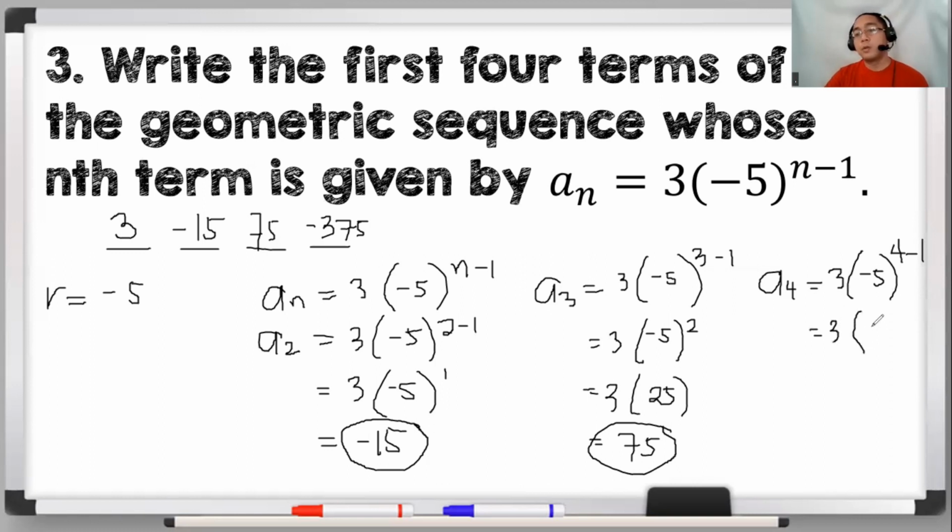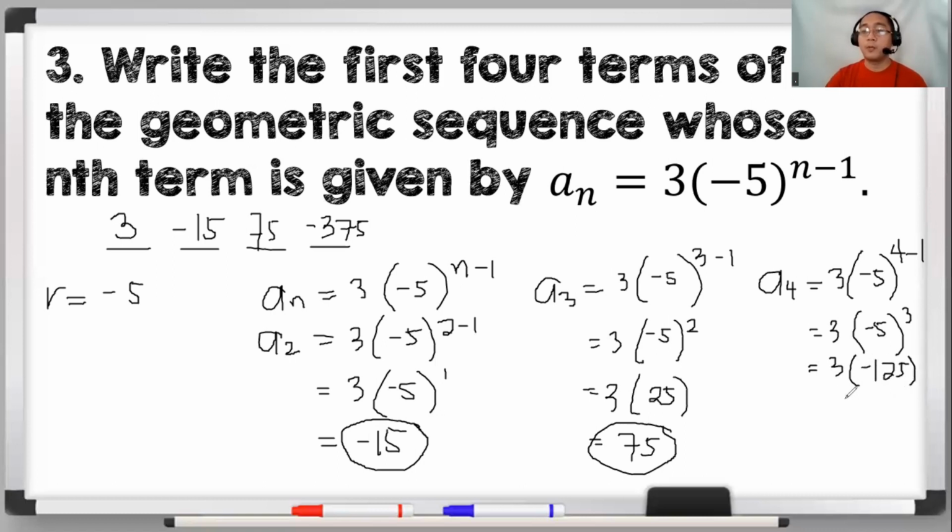So that will become raised to the power of 3. Then let us now try to operate. The exponent of 3 results to 125. That will become negative because negative times negative times negative results to negative. So negative 125.